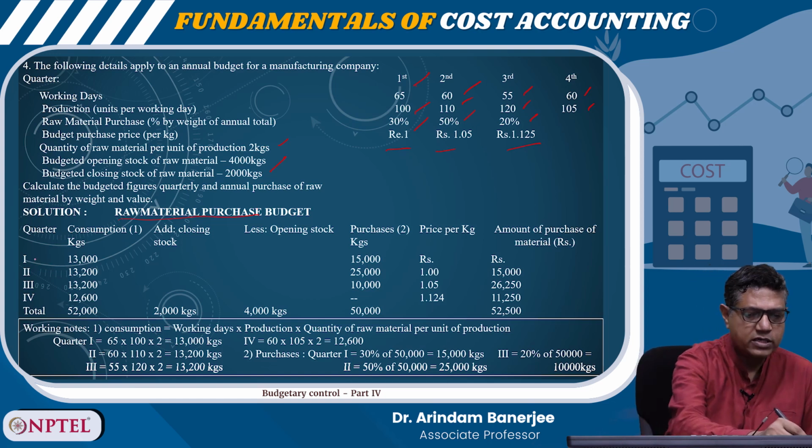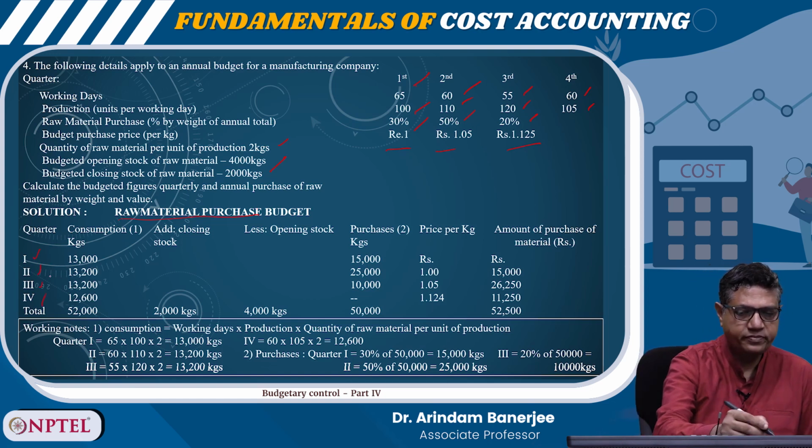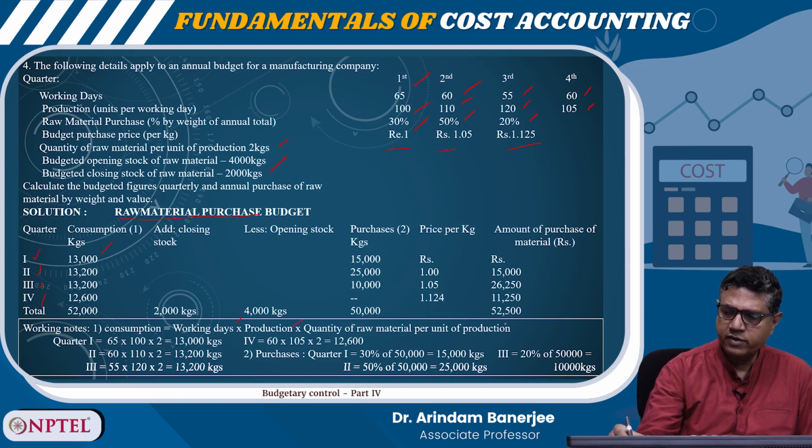So, there are 4 quarters 1, 2, 3, 4. Consumption, it is 13,000, right. We can calculate, you can see the working notes here. Consumption is equal to working days into production into quantity of raw material per unit of production.